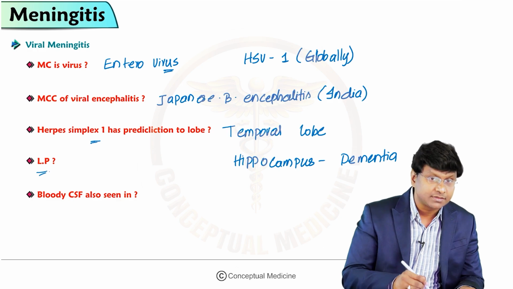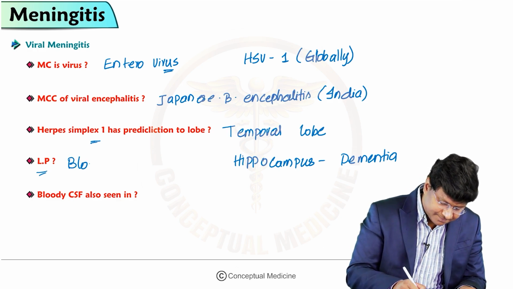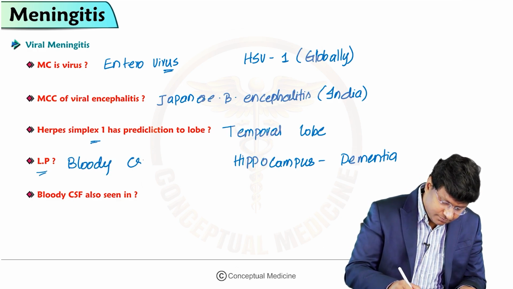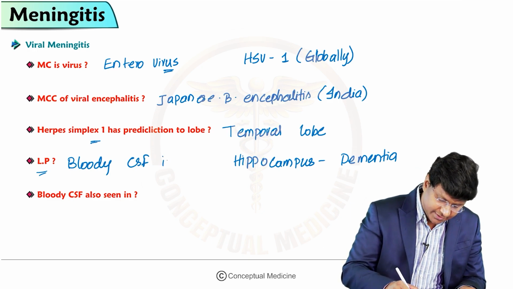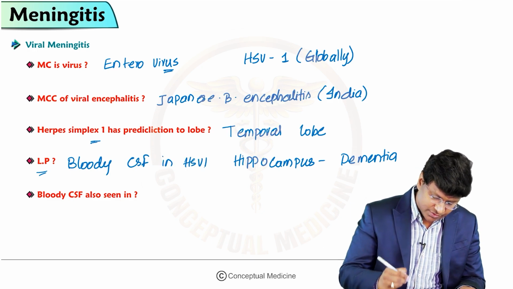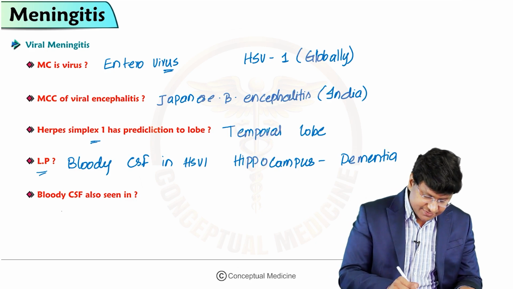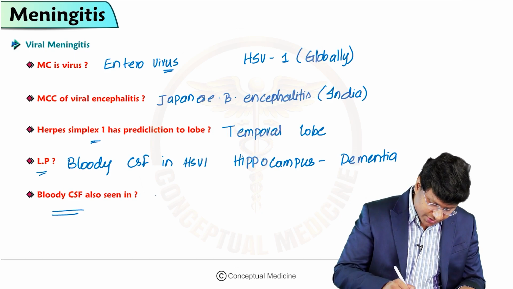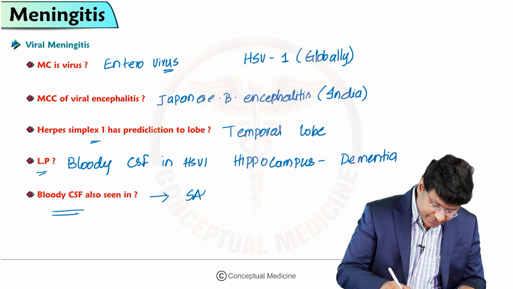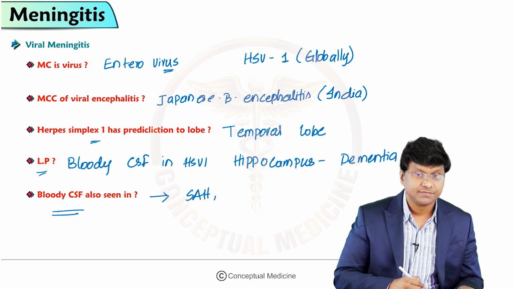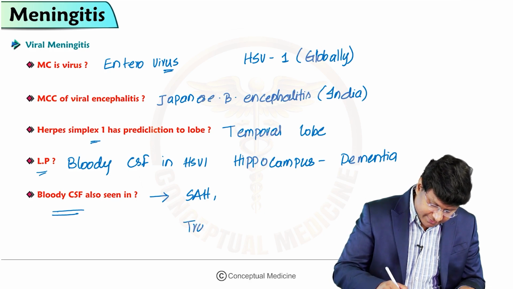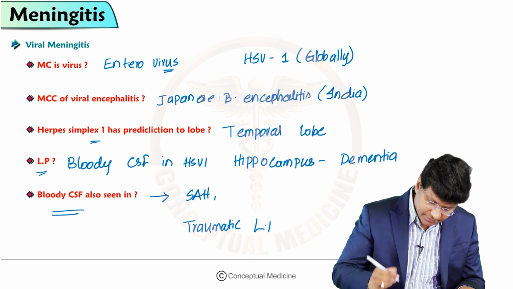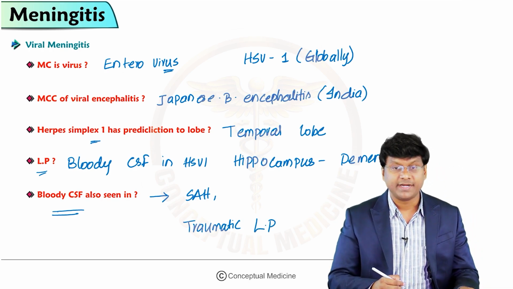On lumbar puncture, it will be bloody CSF in herpes simplex virus 1. What will be the differential diagnosis for this bloody CSF? The differential diagnosis will be subarachnoid hemorrhage and traumatic lumbar puncture.